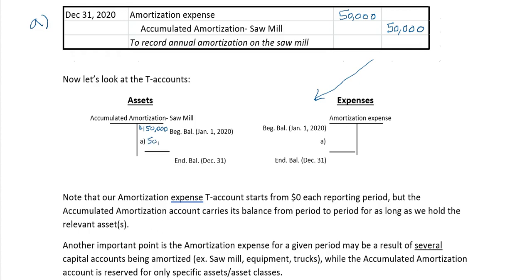This year will be another 50,000, right? That's our credit from up here, and we'll have our ending balance. Remember, dollar sign, double underline, of $200,000.